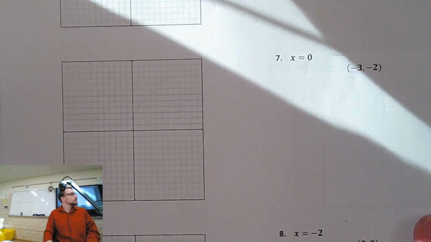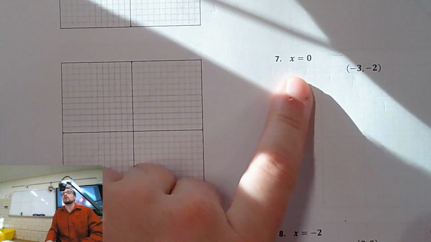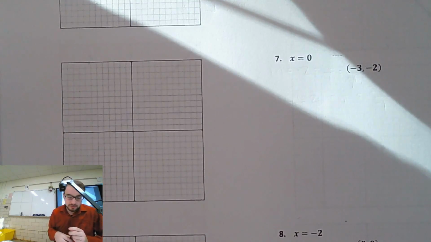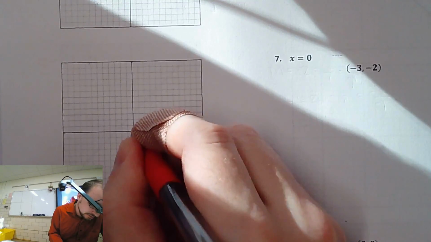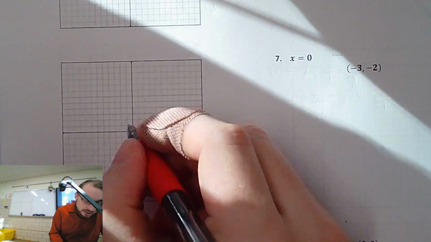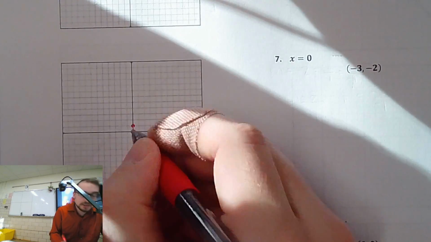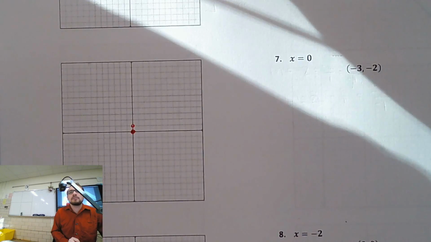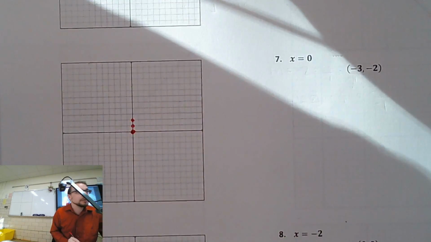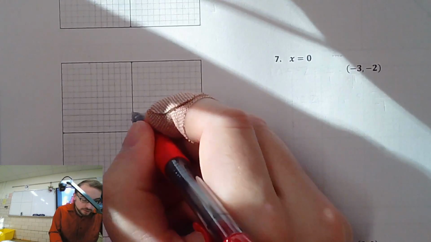If we go here, let's use that same logic. We want a line where all the x's are 0. So first of all, here's where x is 0 and y is 0. Zero comma 1 is where x is 0 as well, right? 0 comma 2 has 0 for x. 0 comma 3 has 0 for x.